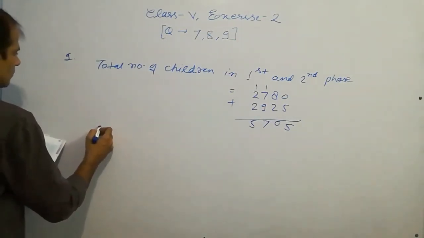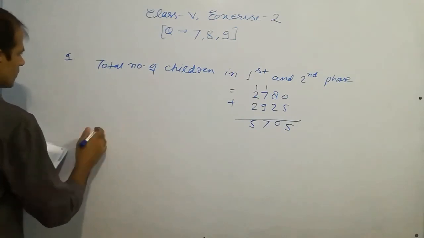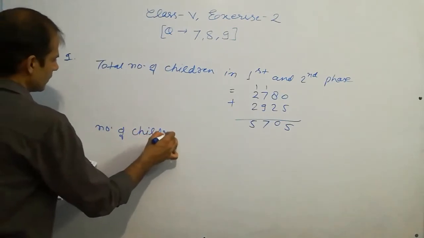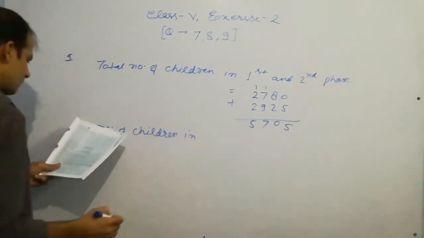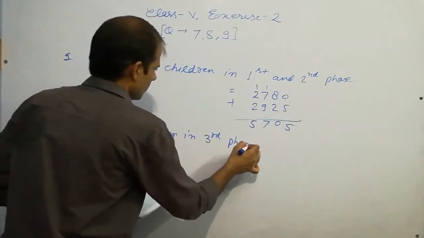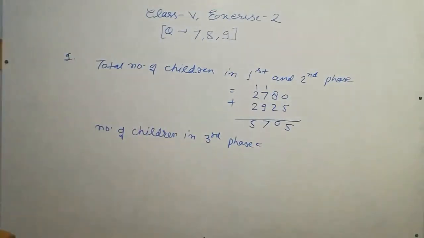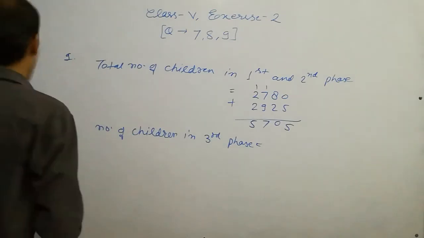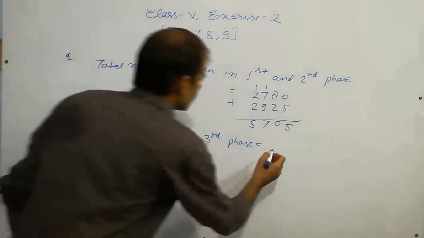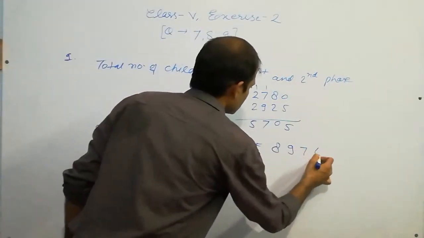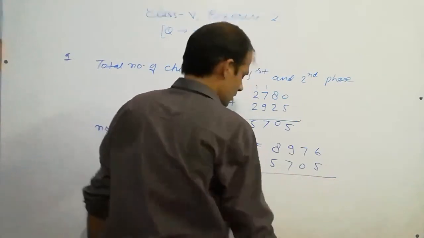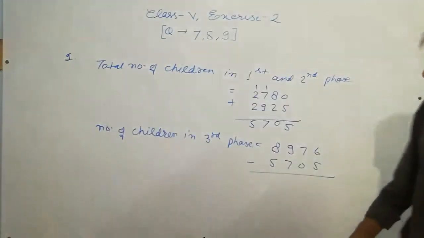So number of children in the third phase equals. Here you have to perform subtraction. How many total children are there? 8976 minus 5705. So we have to perform subtraction.